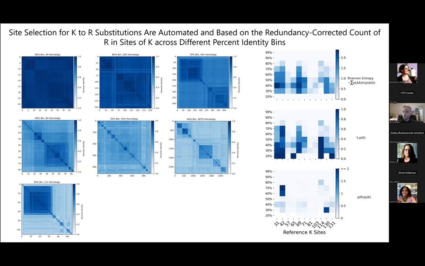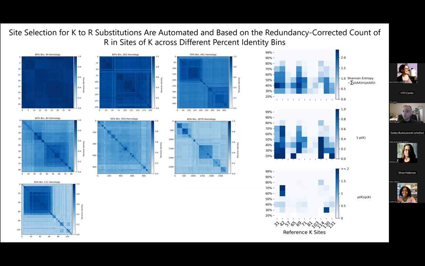Then the BULKARCH program works its magic and segregates all homologs into exclusive 10% identity bins. For example, in this particular alignment file for this particular protein target, there were 44 homologs that had 90% or greater identity to the reference sequence, 205 homologs equal to or greater than 80% identity to the reference sequence, so on and so forth.